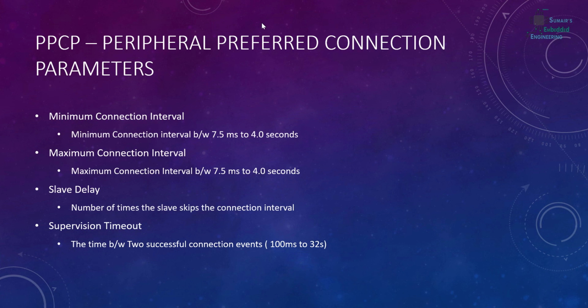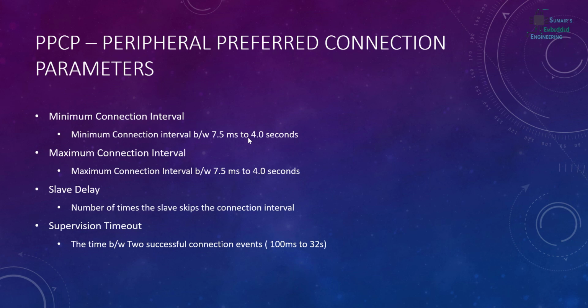So here are the peripheral preferred connection parameters, and here we have 4 parameters that we will be setting in the GAP function. So we need to understand these parameters. The first parameter is the minimum connection interval. The minimum connection interval is between 7.5 milliseconds to 4 seconds.